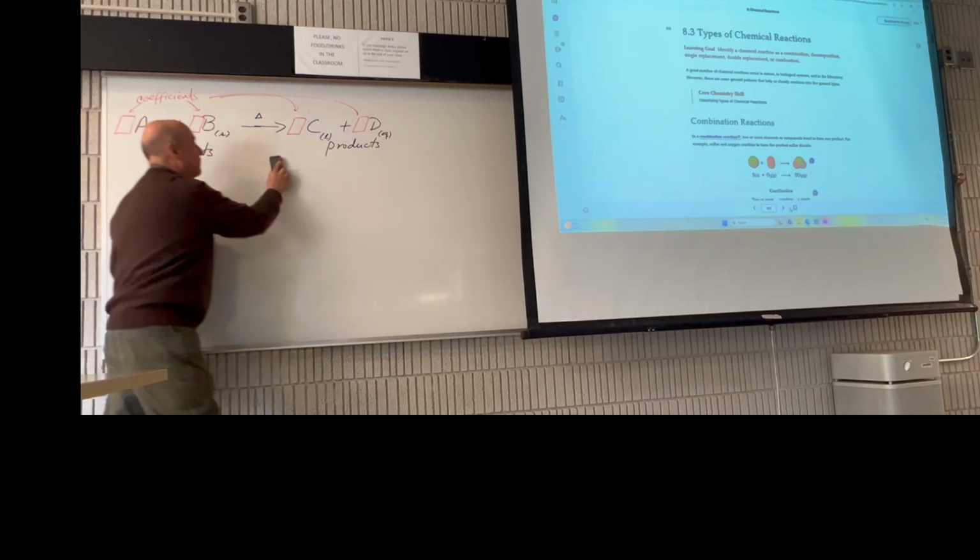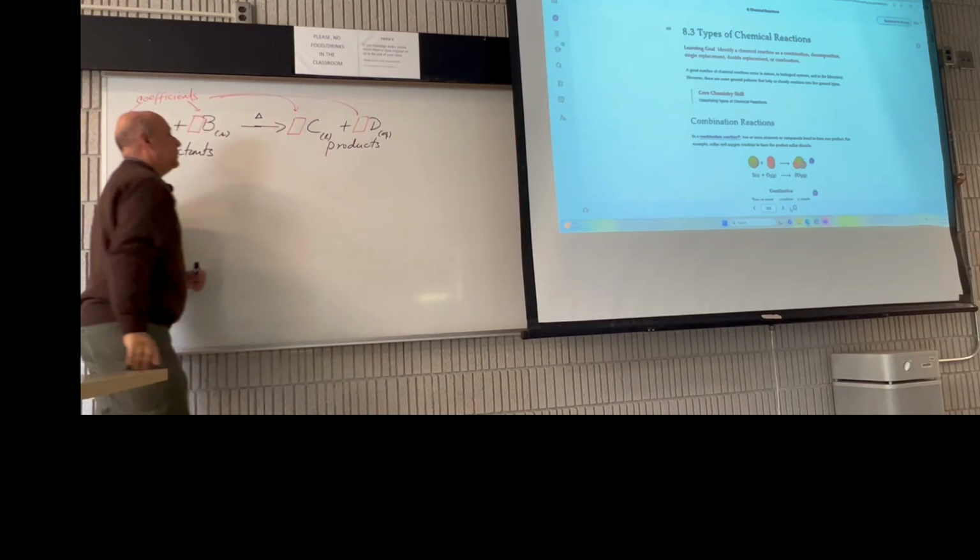When you have a transformation going on, when you have two chemicals combining to form two chemicals, or when you have one chemical breaking apart to form two chemicals, you have different kinds of chemical reactions.